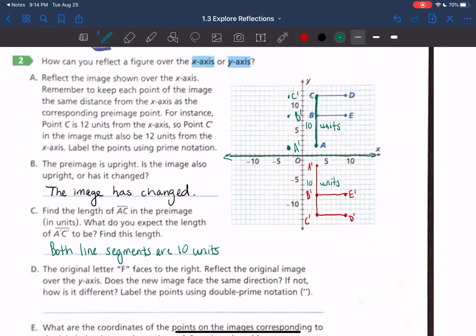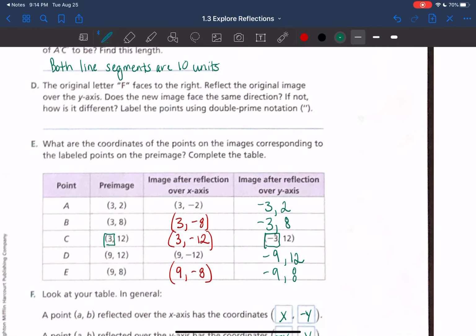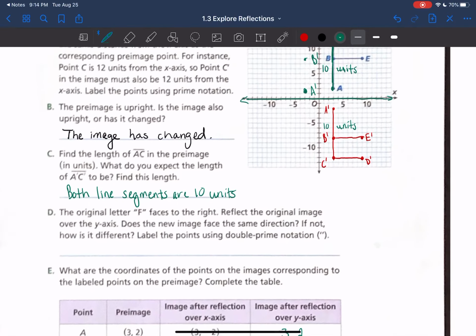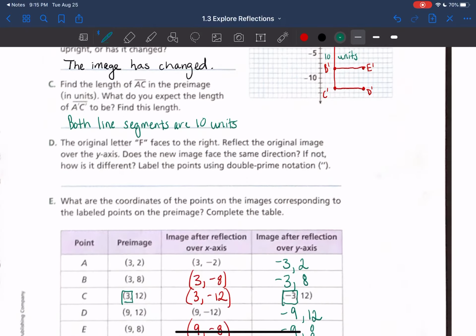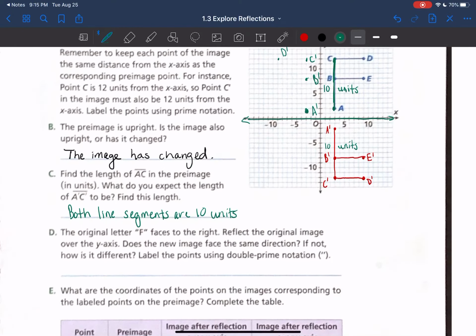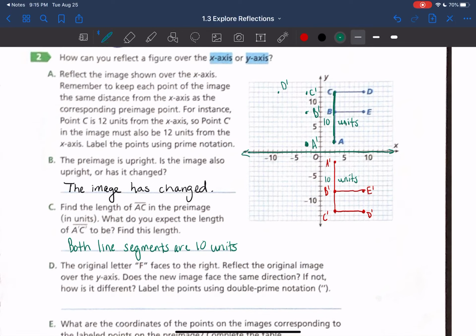D is -9, 12, so -9, 12, D prime. And E is -9, 8, which is right here. E prime. So we'll fill that in.